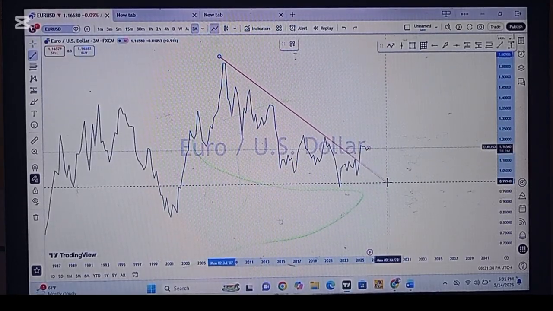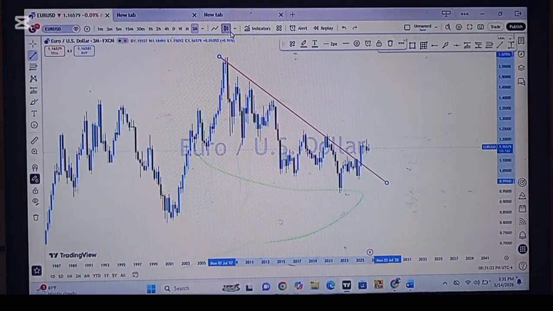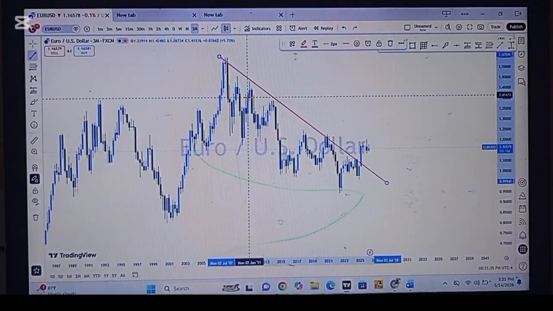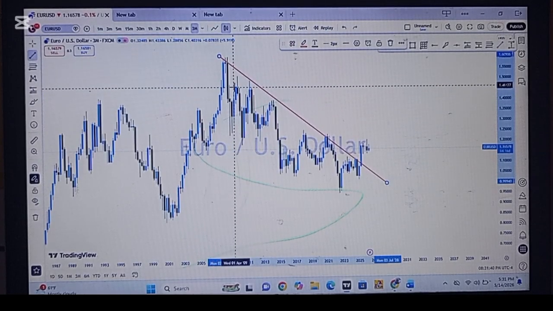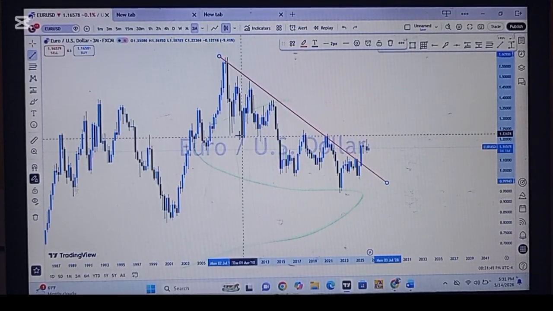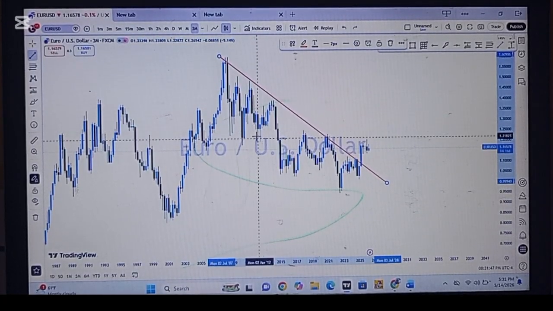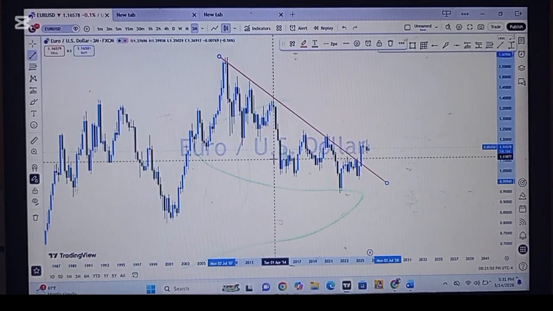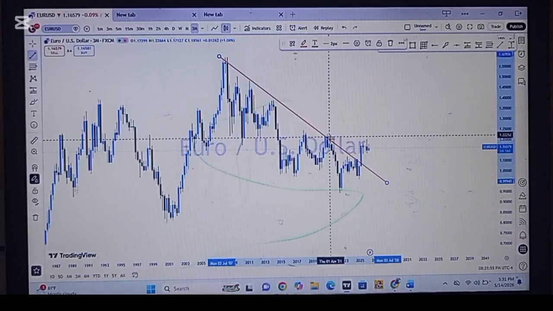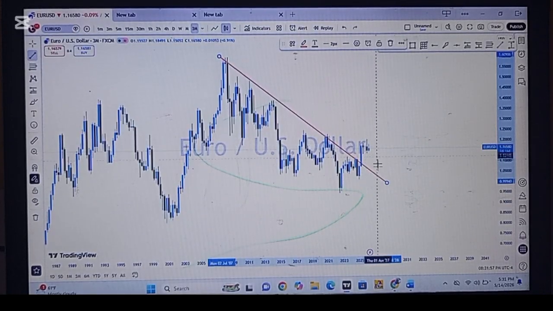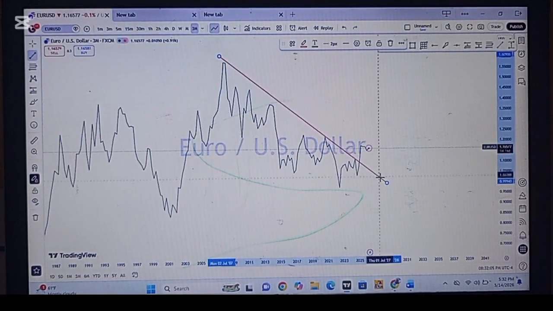Where my cursor is, that's lower highs with lower lows: a lower low, lower high, lower low, lower high, and so on. So we haven't broken yet, but we will see whatever will happen in the coming weeks.